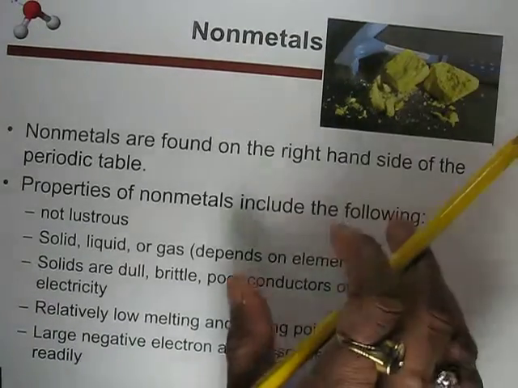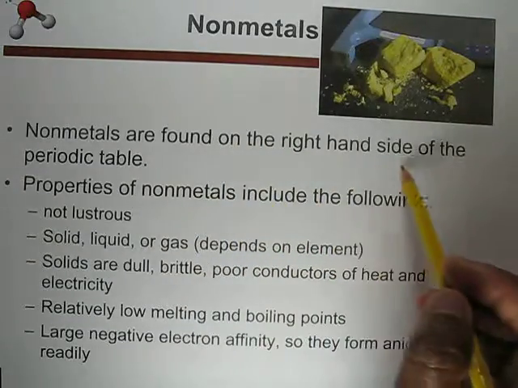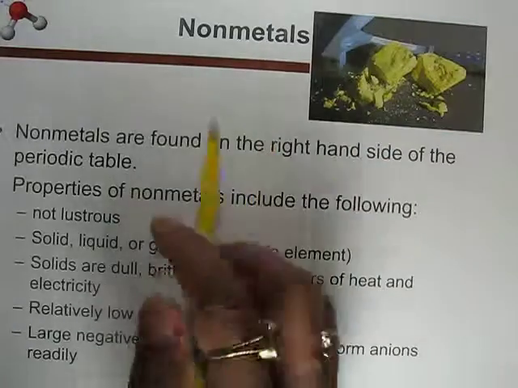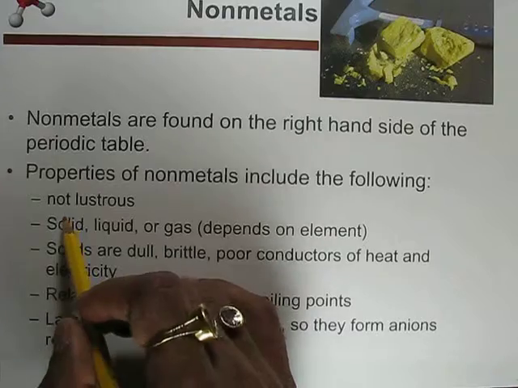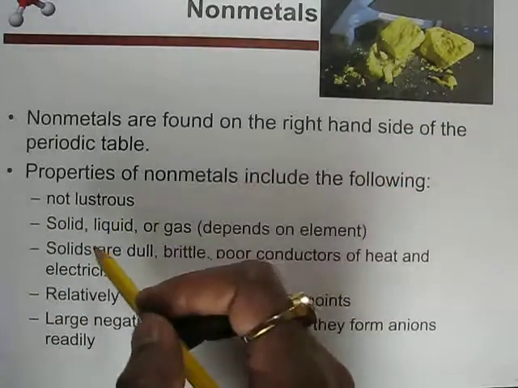What are the properties of nonmetals? Nonmetals are found on the right-hand side of the periodic table, which we have seen. Properties of nonmetals include the following: they do not have any shiny luster.